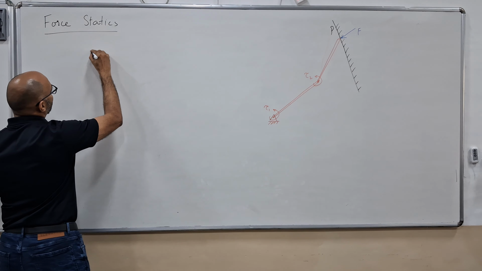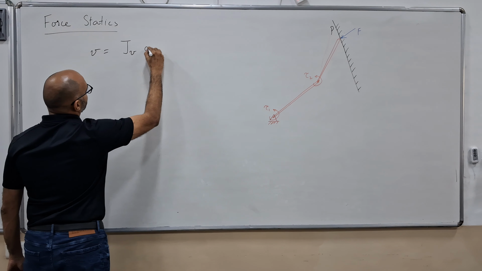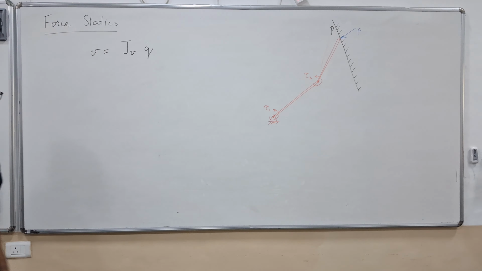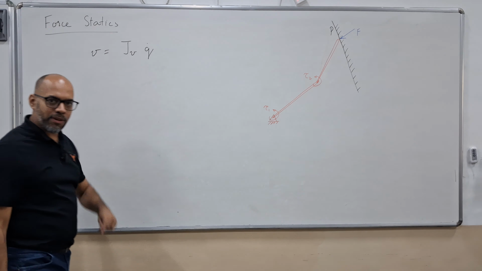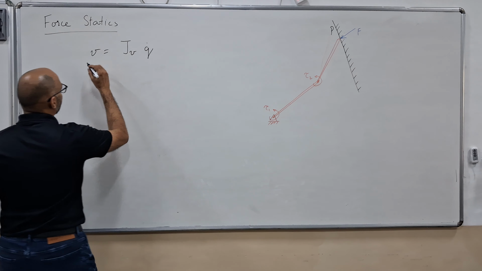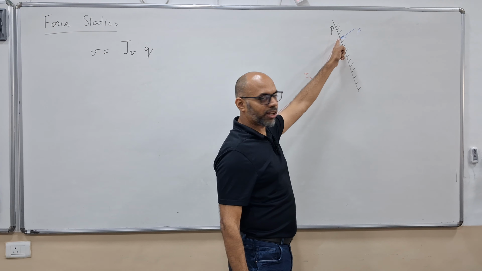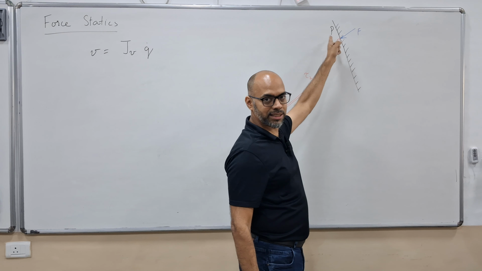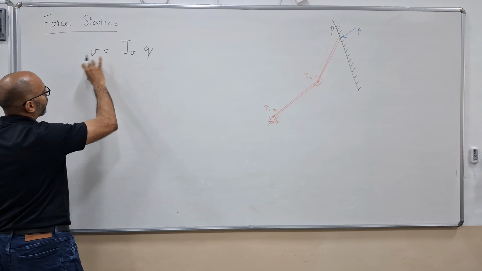But first, let's go back to our Jacobian velocity kinematics equation. But here now I'm going to write this in a different format. Velocity, remember, was just the velocity of the end effector. So in this case, the coordinates of p, x, y, the derivative of that was velocity.